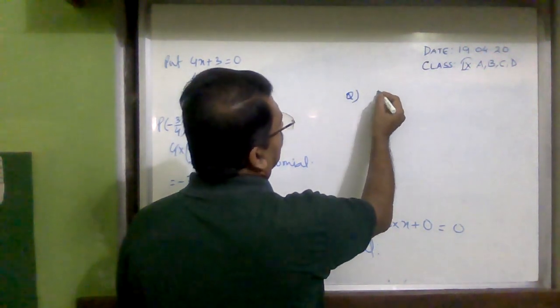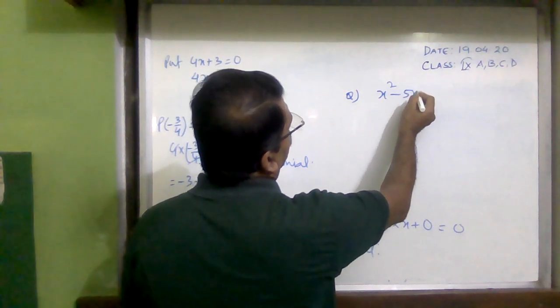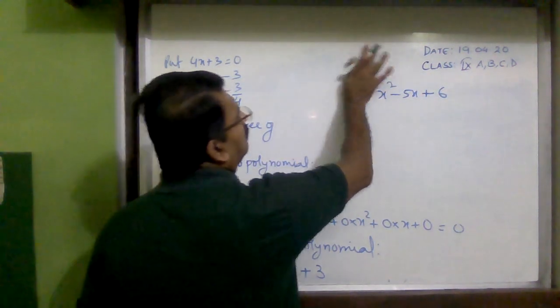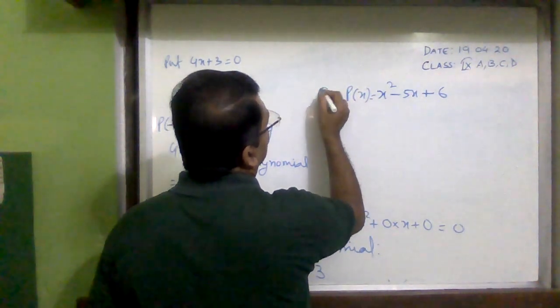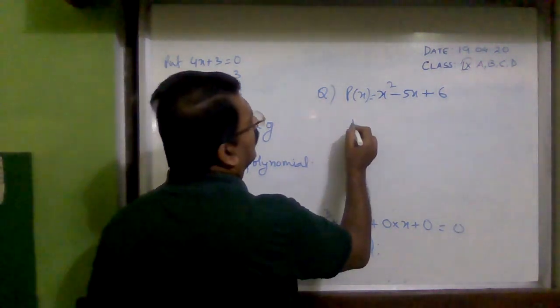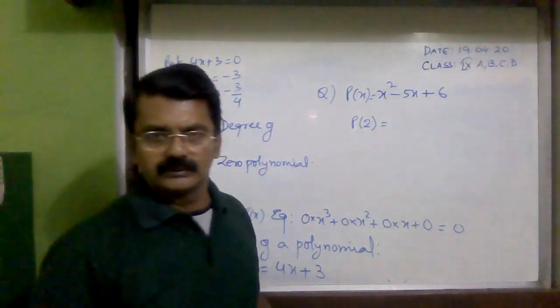Say there is x square minus 5x plus 6. There is a polynomial p(x) which is equal to x square minus 5x plus 6. Now you do one thing, in place of x you write down 2.